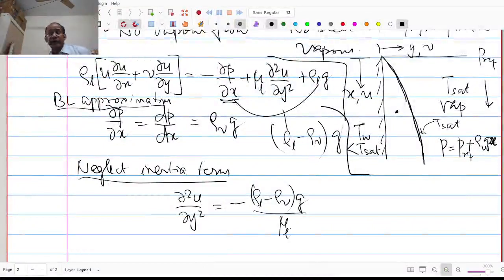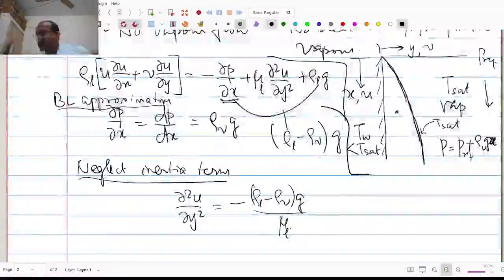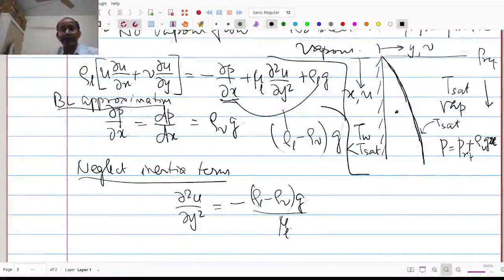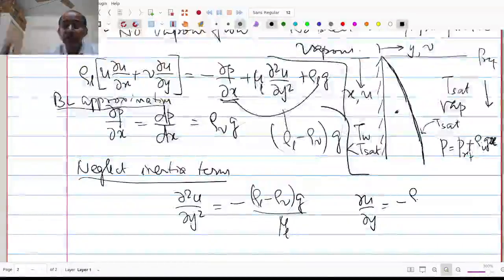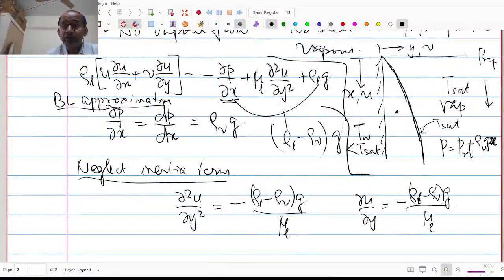All of these terms are constant with respect to y, and therefore I can directly integrate this to get del u by del y is equal to minus rho L minus rho V into G by mu L into y plus C1.